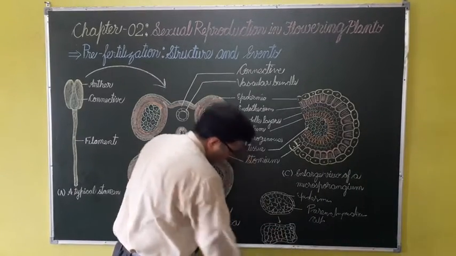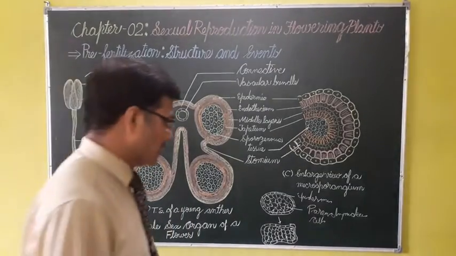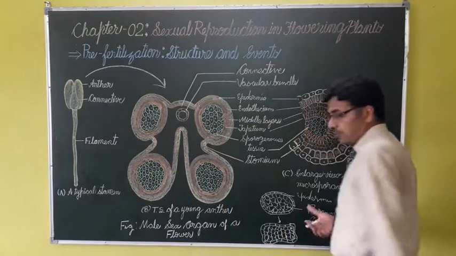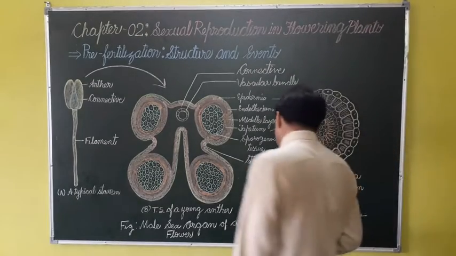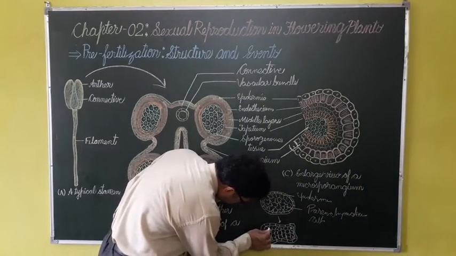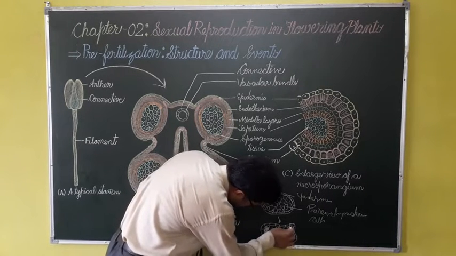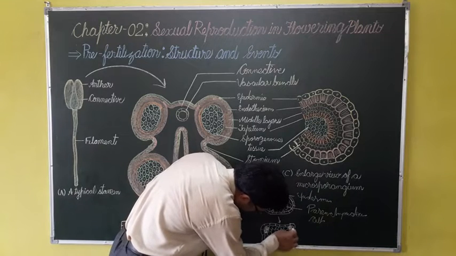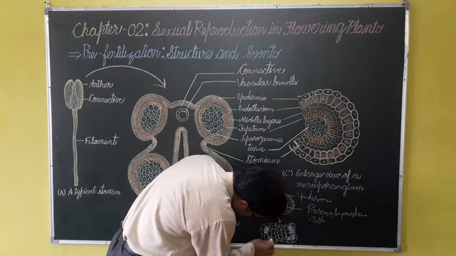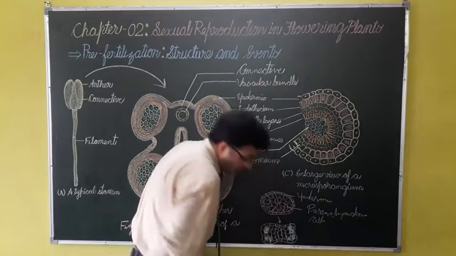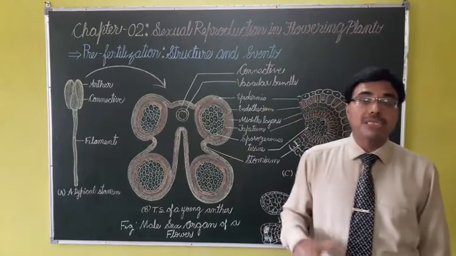Now, students, some hypodermal cells differentiate because of their bigger size, dense cytoplasm, and bigger nucleus. Hypodermal cells means below the epidermis. Like some cells here differentiate. Supposing this is a cell, it is differentiated. One more cell differentiated. Here is a cell differentiated because of its bigger size and dense cytoplasm. Here again, one cell. So at each corner, a few cells become differentiated because of their bigger size, dense cytoplasm, and prominent nucleus.